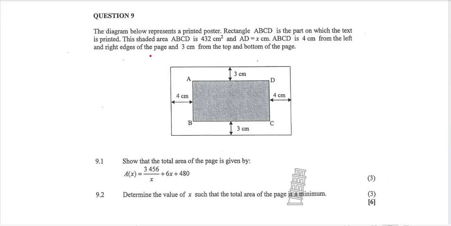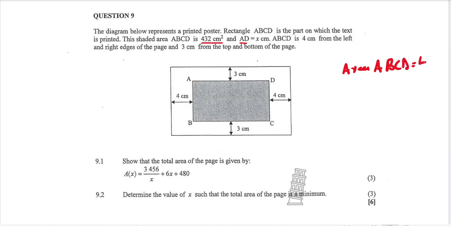This shaded part ABCD is 432 centimeters squared, and AD is x centimeters. What does the 432 represent? It is the area of ABCD.